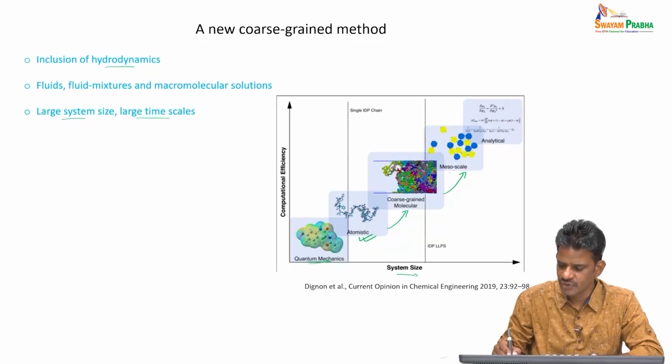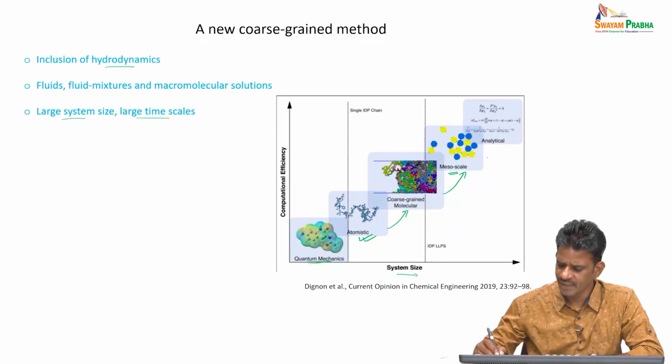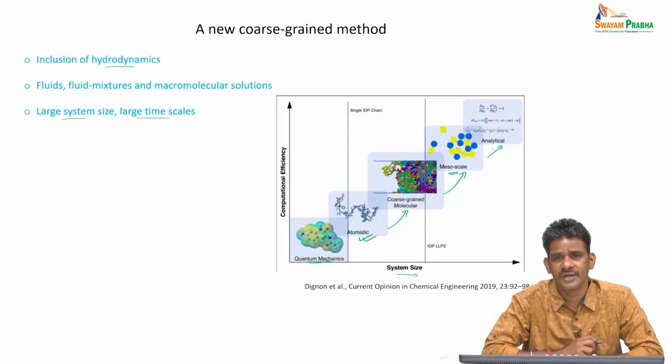This is called the mesoscopic regime. And then if you go all the way up, you get to the continuum mechanics regime, where you look at the problems in terms of Navier-Stokes equations and conservation laws.